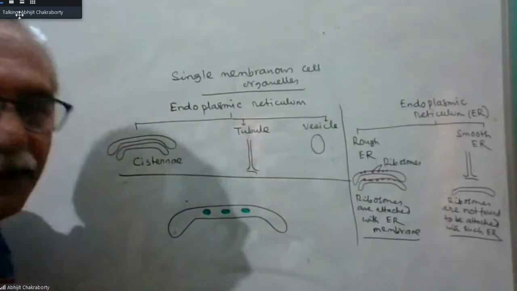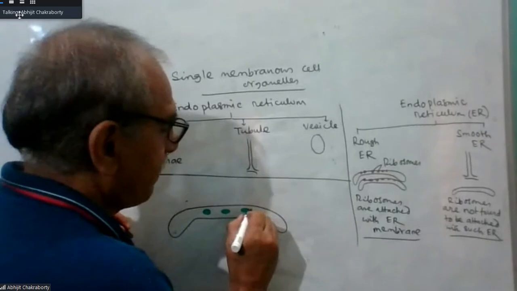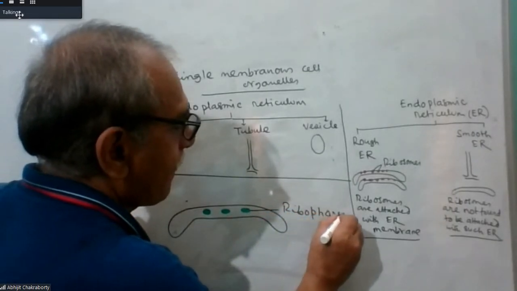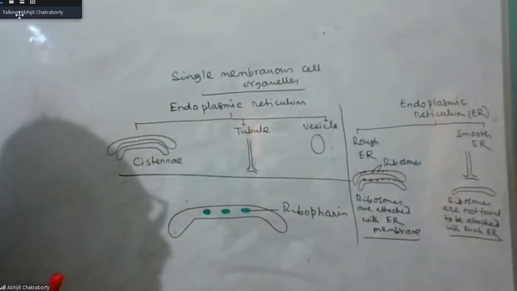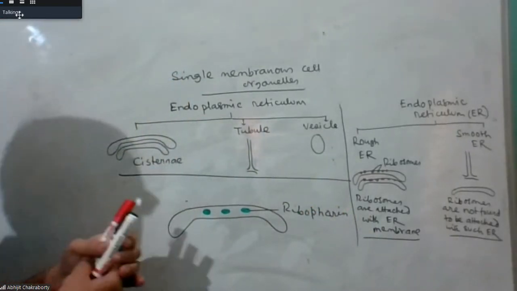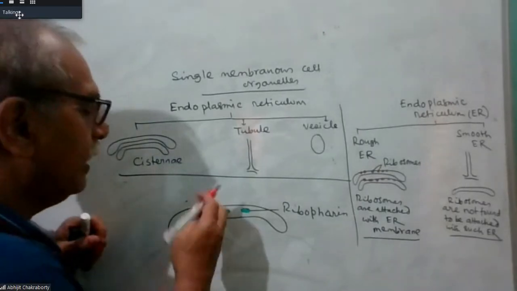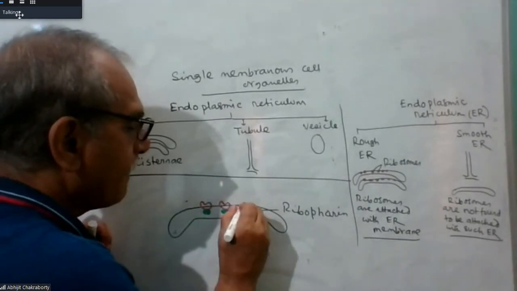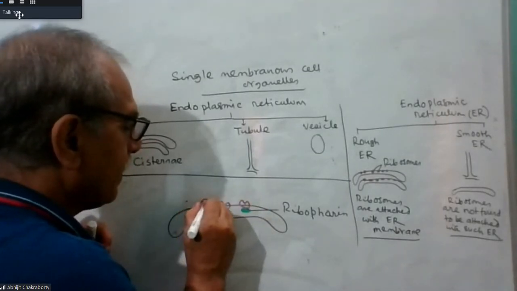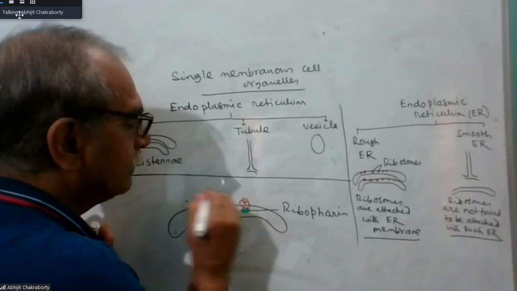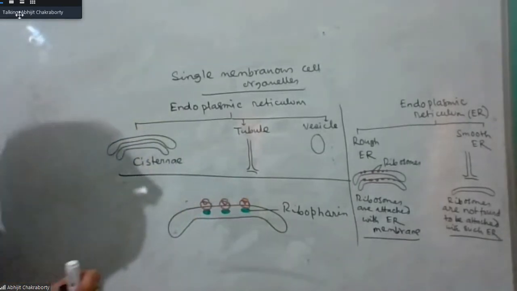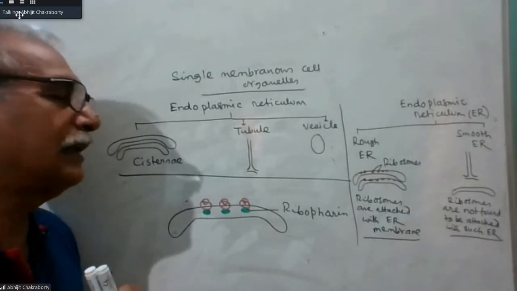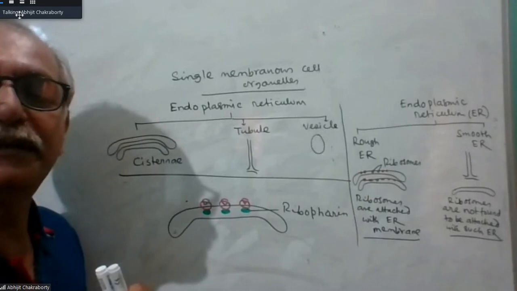A glycoprotein is found in the ER, called ribophorin. The larger subunit of the ribosome gets attached to this ribophorin. So due to the presence of ribophorin in the ER membrane, the ribosome can be attached to the ER membrane.